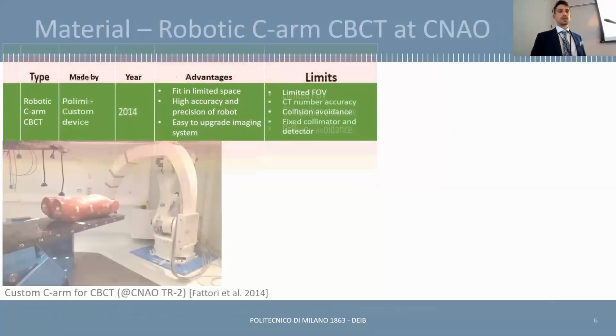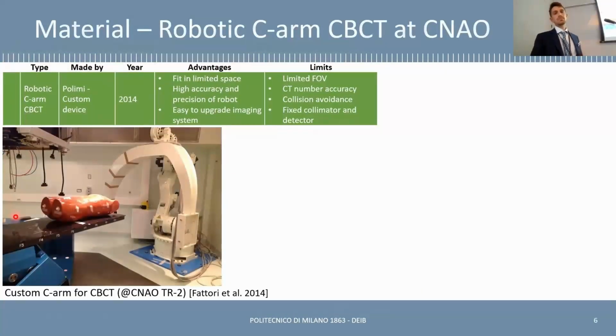Here we have an image of the system. It's a robotic manipulator from Kawasaki that was fitted with a custom-made C-arm. On this C-arm, maybe later we have a better image, there's a flat panel detector mounted on it and an X-ray source with a collimator.